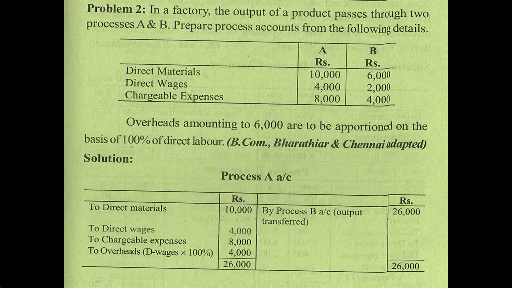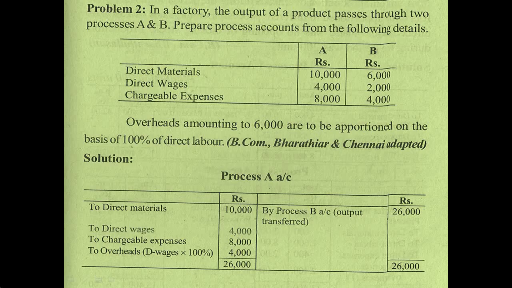Direct materials, rupees 10,000, direct wages, rupees 4,000, chargeable expenses, rupees 8,000 for process A. For process B, direct material 6,000, direct wages 2,000, chargeable expenses 4,000. Overheads amounting to rupees 6,000 are to be apportioned on the basis of 100% of direct labor.